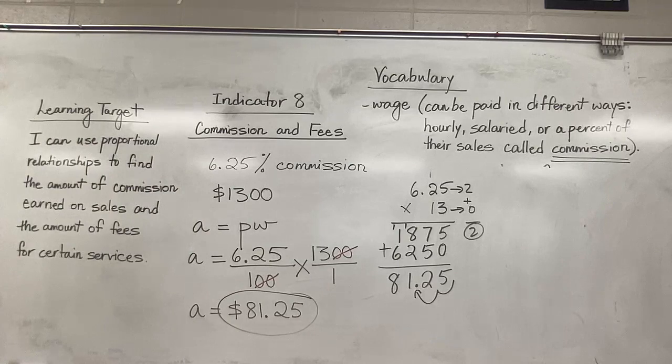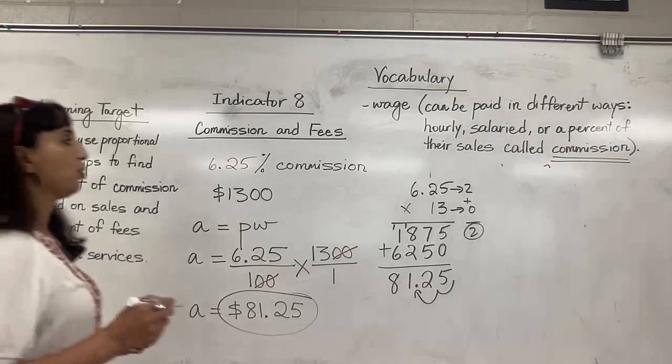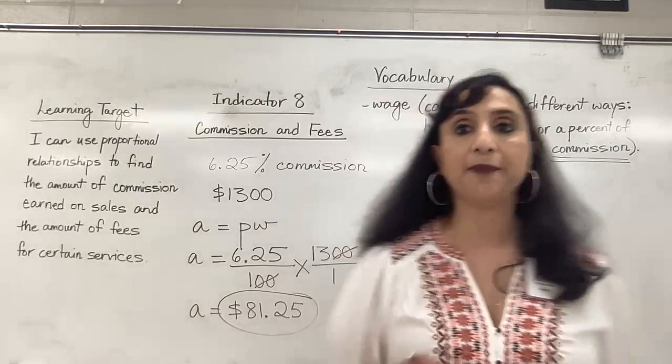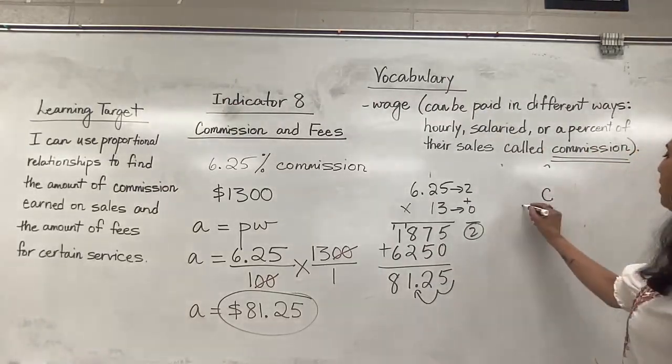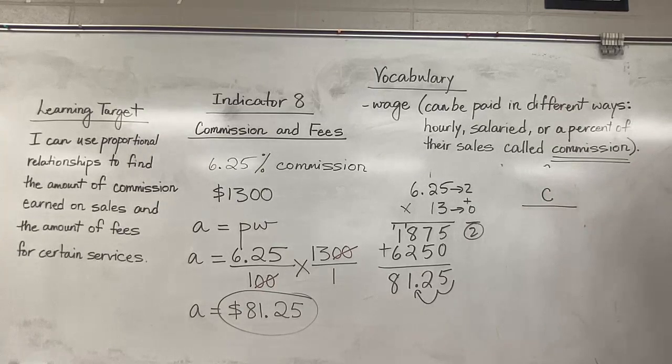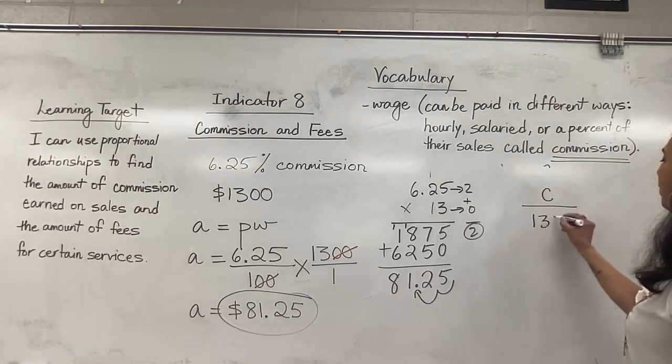All right, now let me show you the one where we're going to write a proportion and solve using ratio reasoning. So I am going to call commission C. So C, which is the commission, all right, over the cost of the ring, which is $1,300.